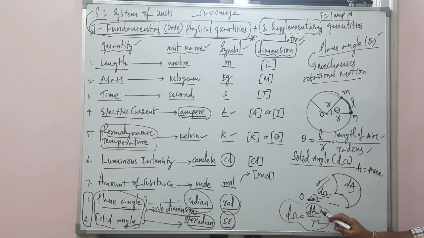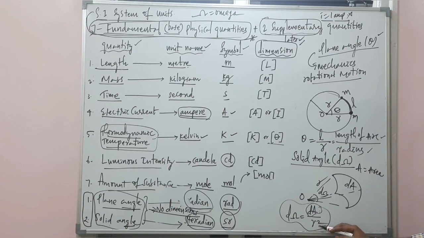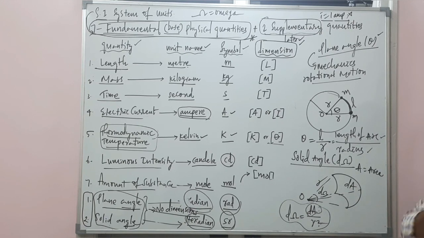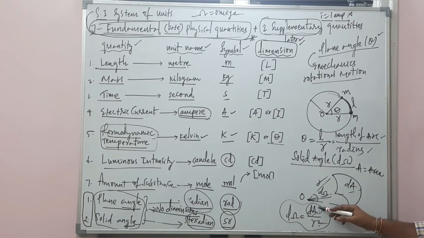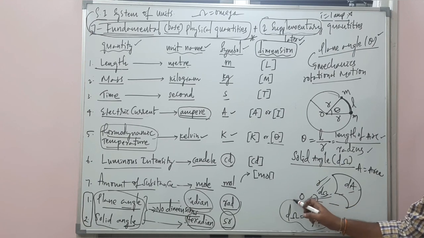Why? Because area is meter square, R square is meter square. The unit of area is meter square, the unit of radius is meter, and it's squared because it's R square. Meter square by meter square cancels. The units get cancelled in both the numerator and denominator, so it will never have dimensions.